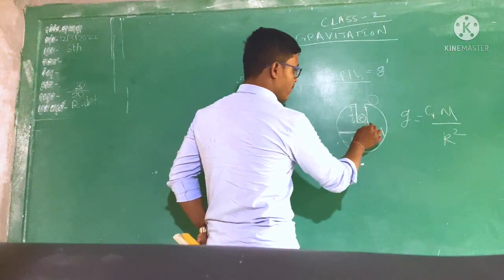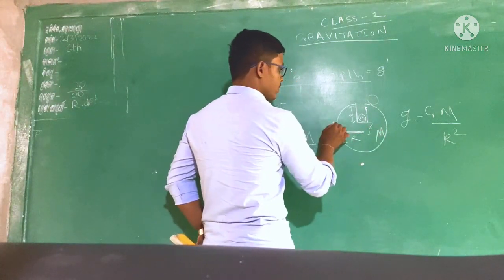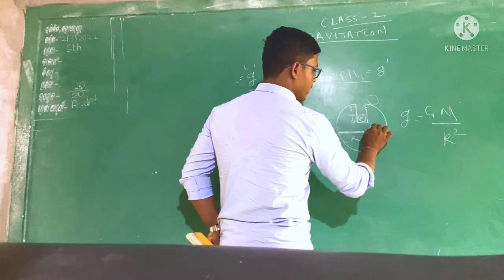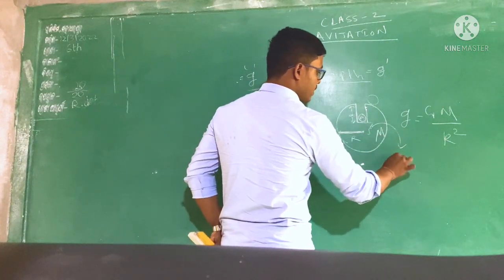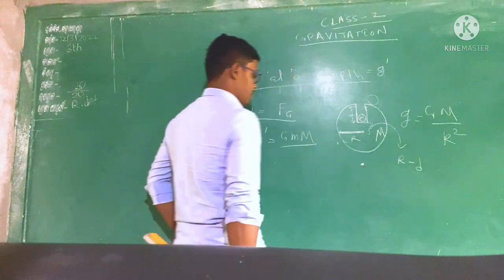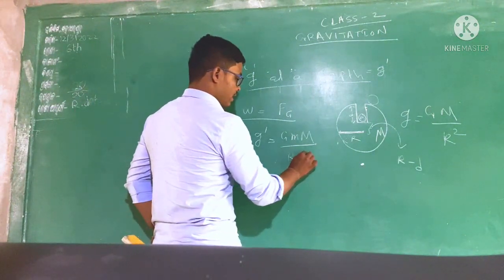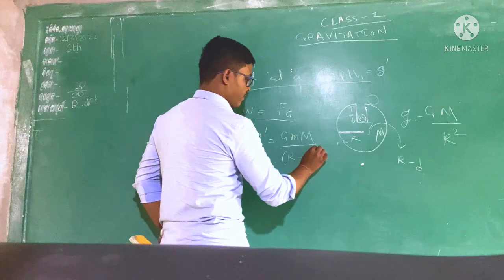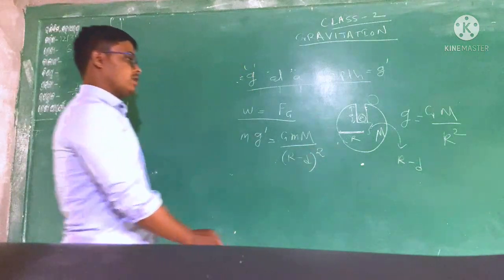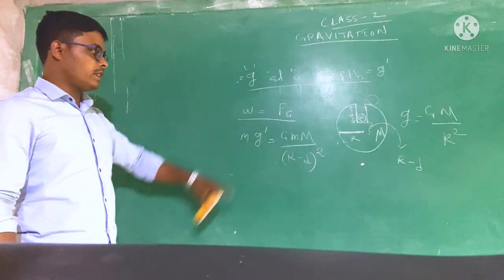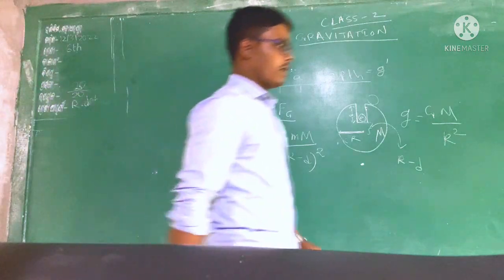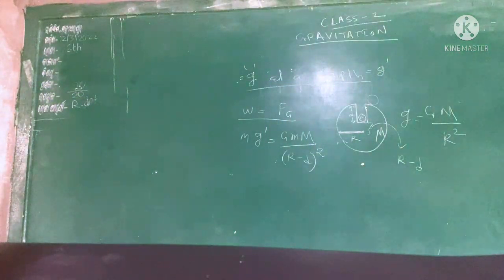So this one is our central distance, and the central distance value is R minus d. So what is the gravitational force? G M m divided by (R minus d) square. Okay, so this is the weight force, that is m g dash equal to G M m divided by (R minus d) square.